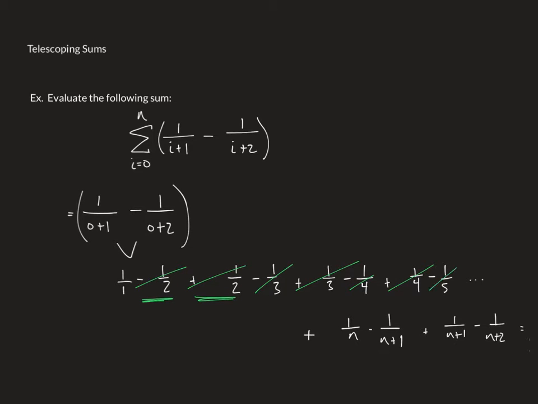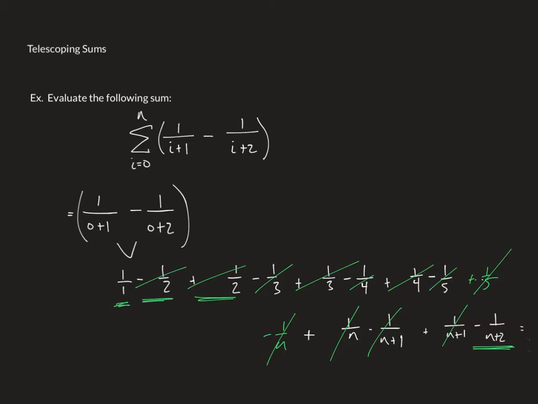And this is going to cancel with what will inevitably be a positive 1/5, and this will continue over and over. There would have been a negative 1 over n here if I had been continuing this process, and that would cancel with this 1 over n. These two terms cancel. This is not going to cancel with anything, though. The negative 1 over n plus 2 and the original 1 are not going to go away.